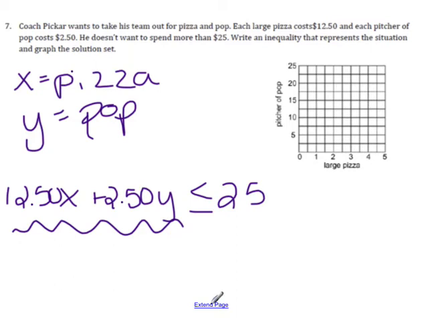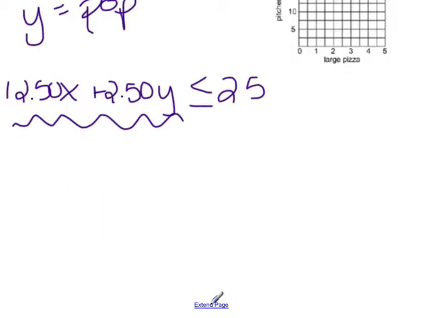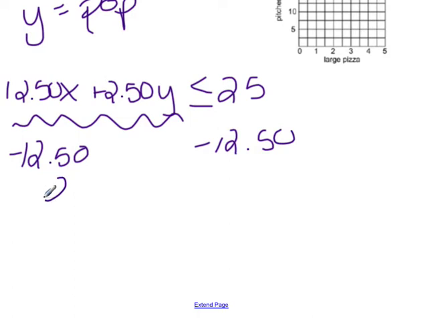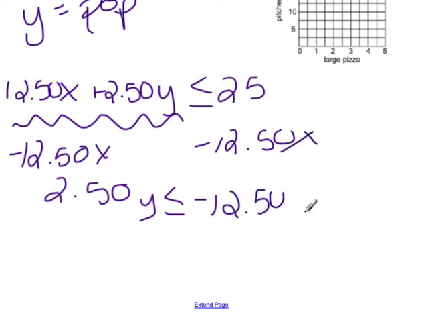Now we need to graph this. So in order to graph it, I'm going to have to solve for y. So the first thing I'm going to do is subtract $12.50x from both sides. So then I end up getting $2.50y is less than or equal to negative $12.50x plus 25.